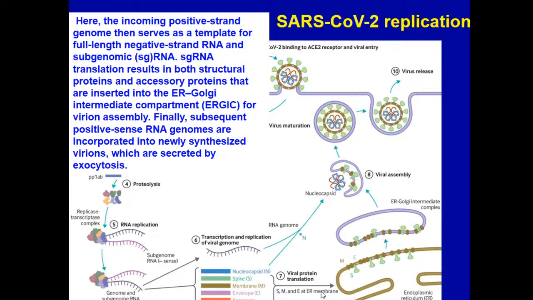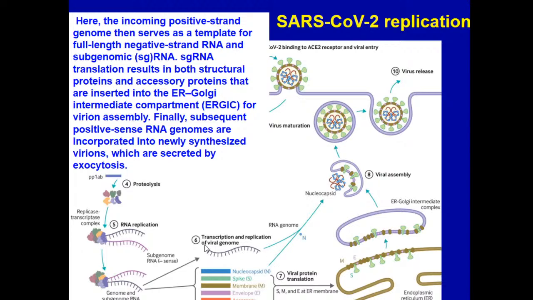So later on, viral maturation and assembly occurs again in Golgi apparatus intermediate compartments. You can see it here, right? Endoplasmic reticulum, Golgi intermediate complexes or compartment, right? And the surface glycoproteins will be expressed on the surface of these membranes.